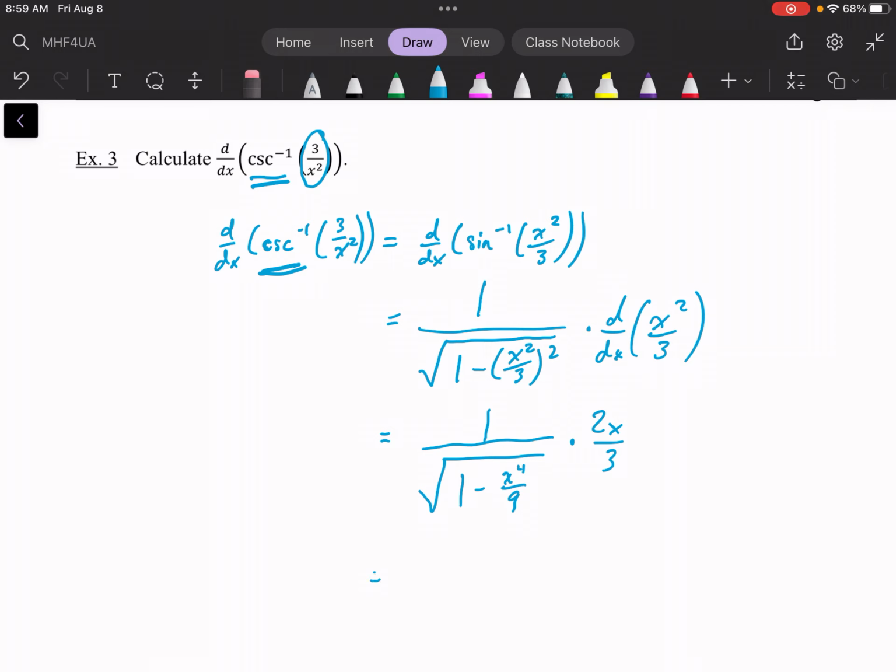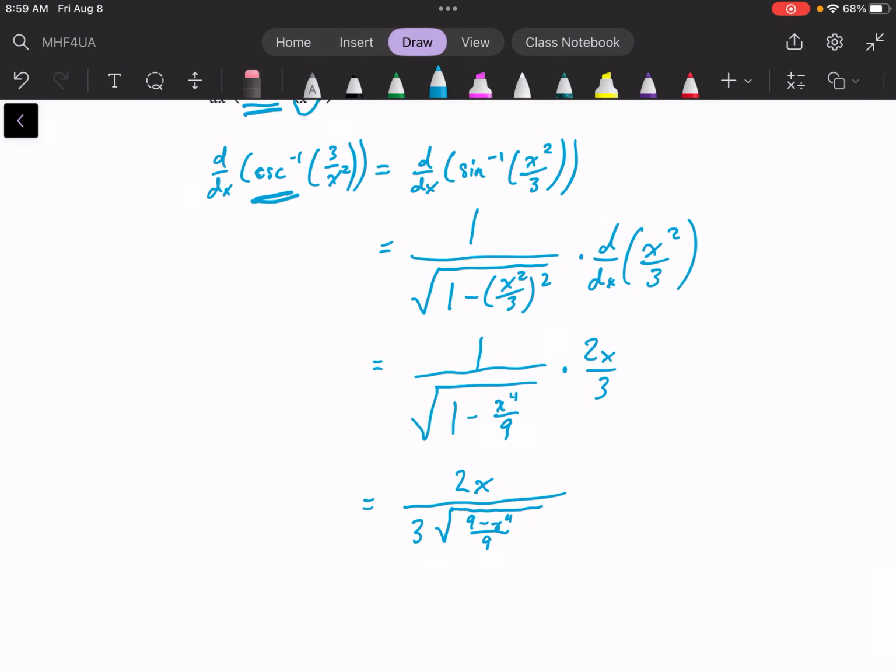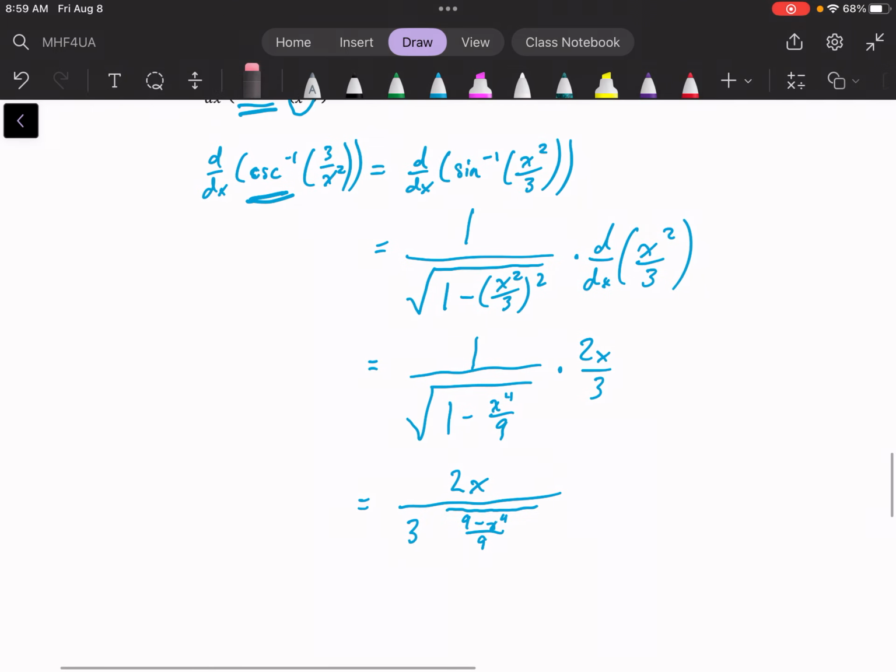Now we're going to continue to simplify this, and it's just the simplification part of it that can be tricky. Under the square root, I'm going to change it so it's 9 minus x to the 4 over 9. Make sure that square root is longer so that it covers the entire expression.